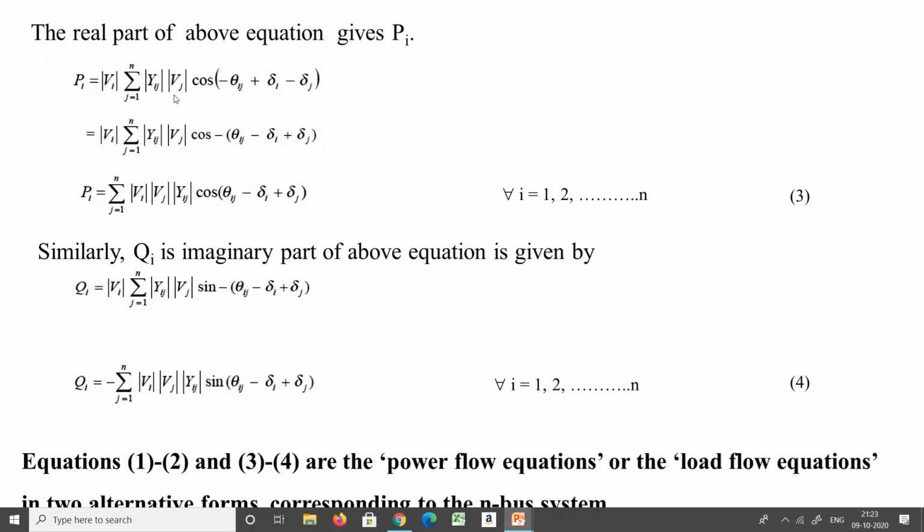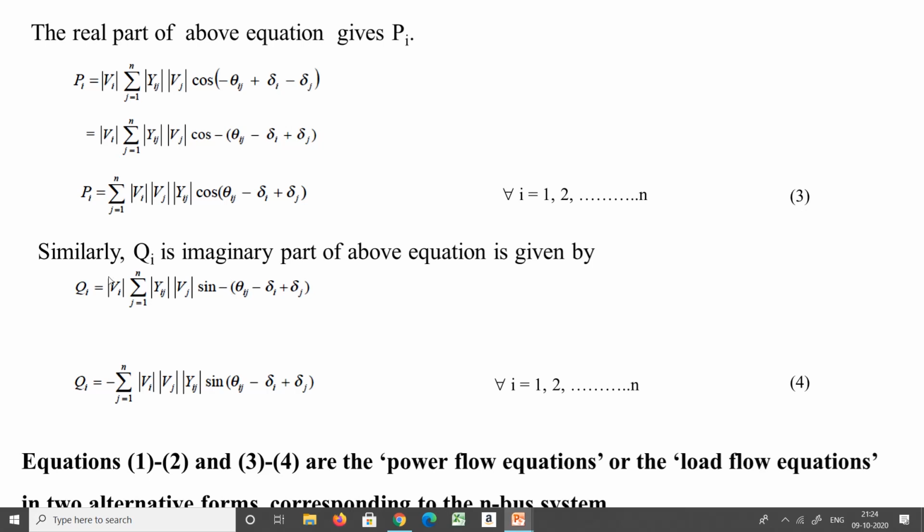I'm just taking V suffix i outside, and then we find the magnitude of Yij, Vj, cos of the common terms, and similarly for the other values, where i varies from 1 up to n. Similarly for the imaginary part of the equation, the only difference will be cos and sine. And this is your equation number 4.